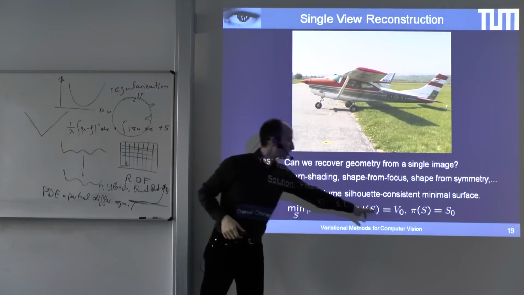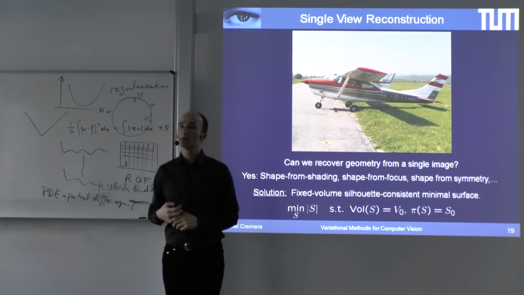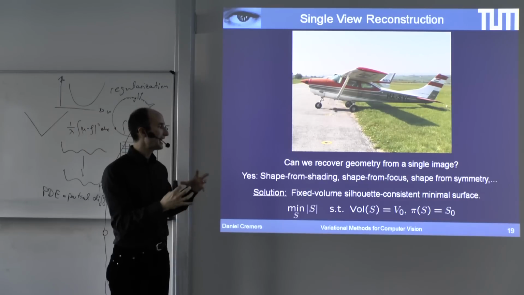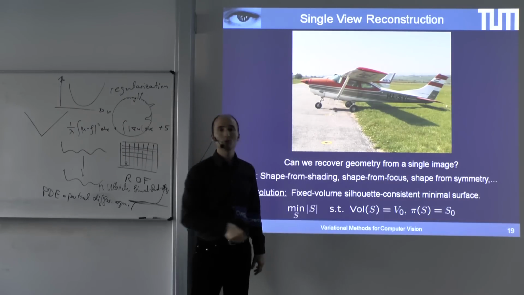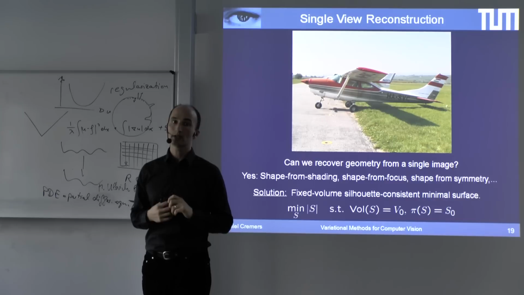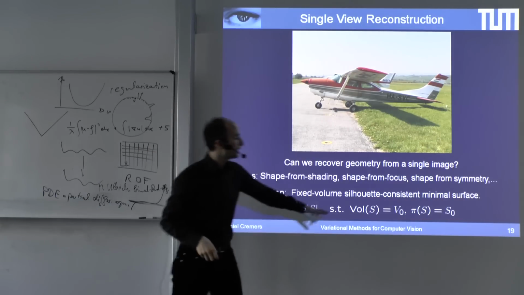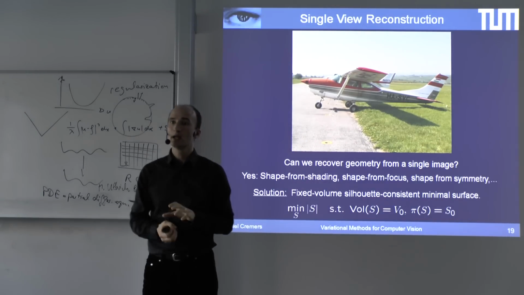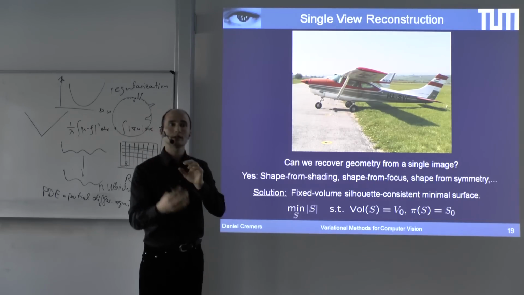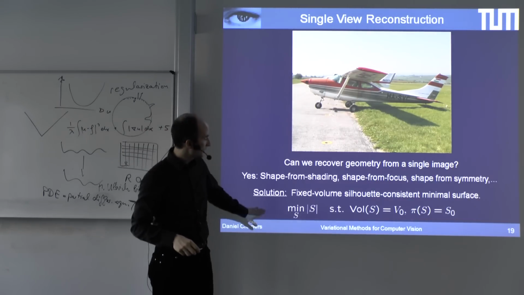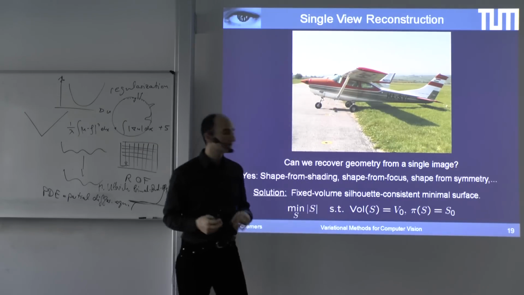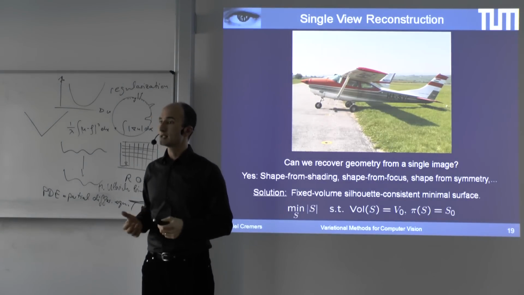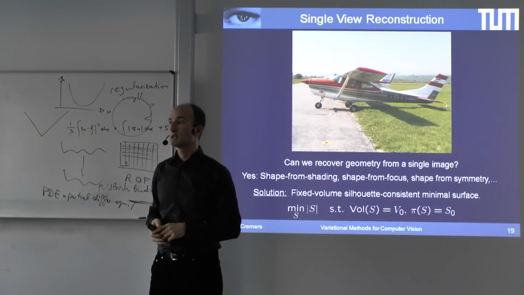And the amount of air that you blow into it, let's call it V0, and so the volume contained in the surface should be exactly whatever air. And that is the one user-specified parameter. How much air do I blow into it? If you blow more air into it, it will get thicker. And so with this one line, I have encoded the single view reconstruction problem as a variational problem.